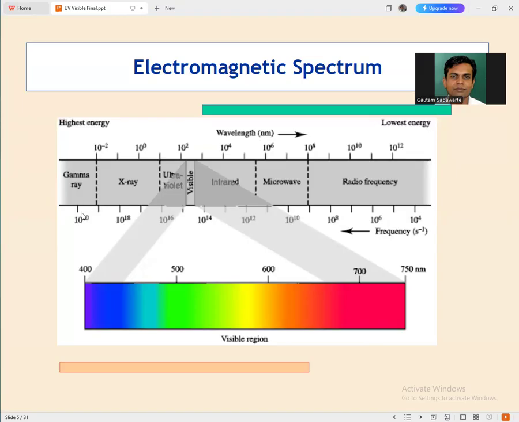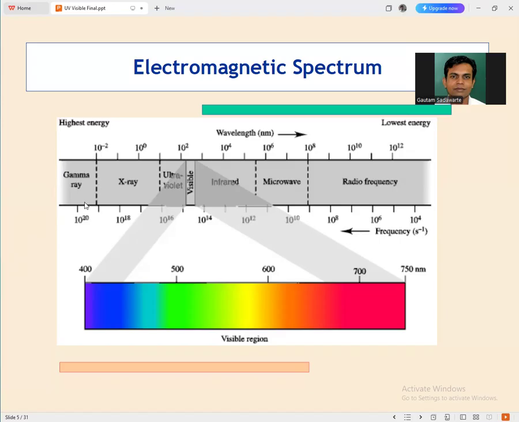This is gamma rays, which have a very small wavelength, and the last one is radio frequency. The right side consists of radio waves, which have a longer wavelength. When they are arranged according to increase in wavelength, they are called the electromagnetic spectrum.